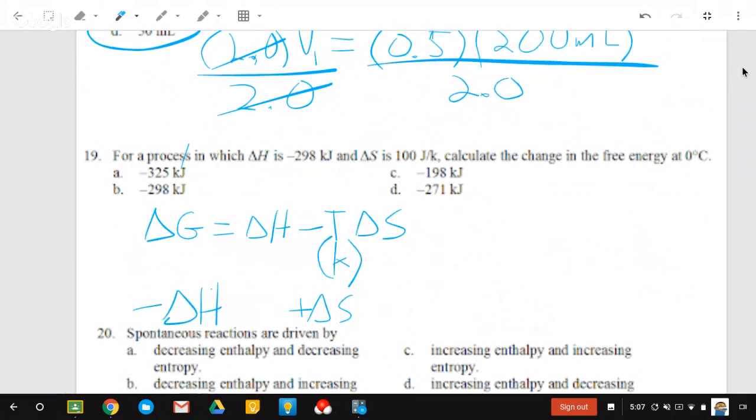So if I'm setting this up, G is equal to negative 298. That's the delta H. The temperature is in degrees Celsius, converted to Kelvin. So what is that in Kelvin? That's just 273 degrees Kelvin.